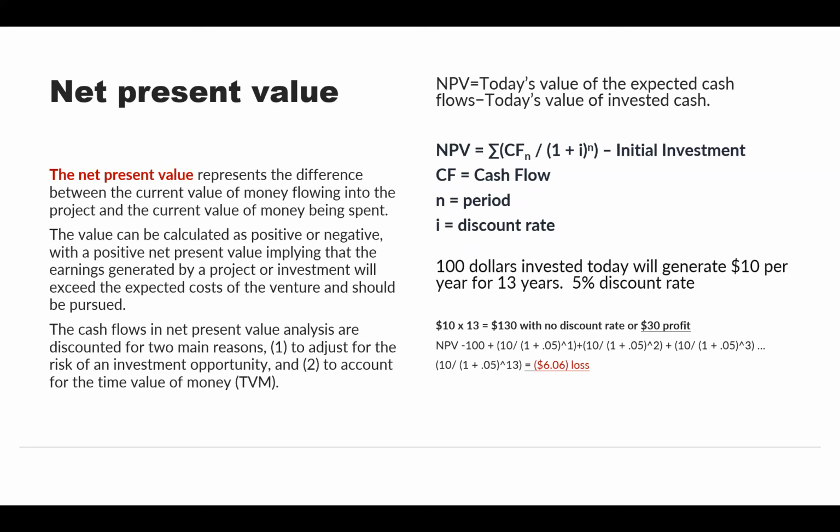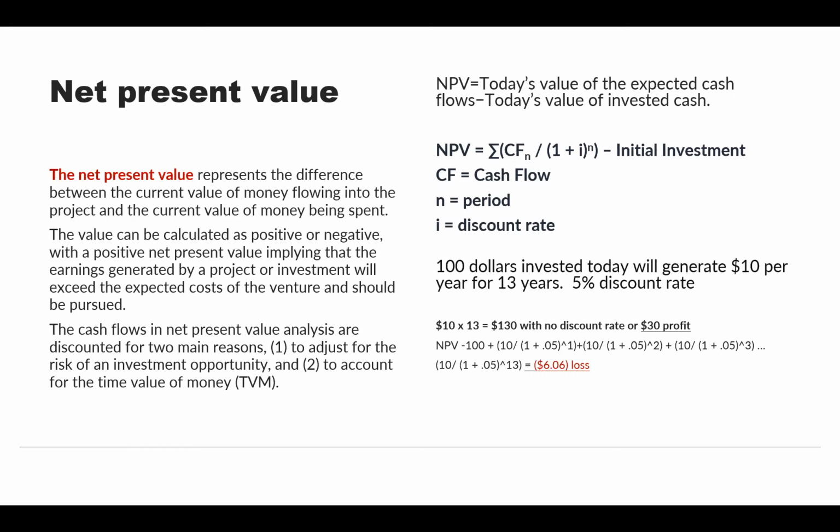And then you sum up all of those, that stream of future payments discounted by that discount rate. And in this case, with that 5% discount rate, you actually have a $6 loss at the end. So instead of a $30 profit with no discount, it's a $6 loss.